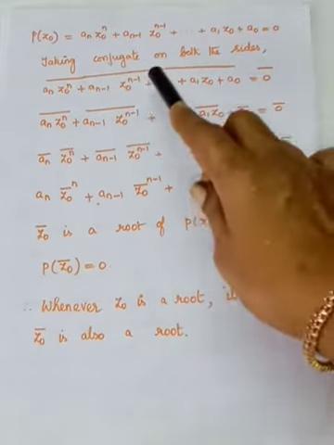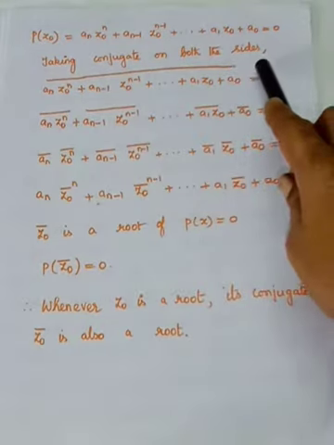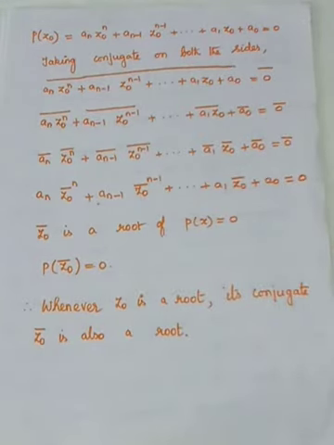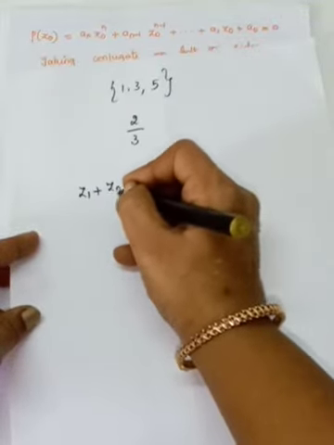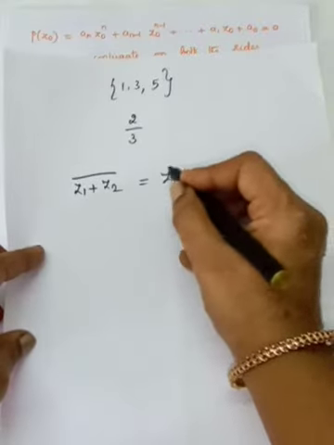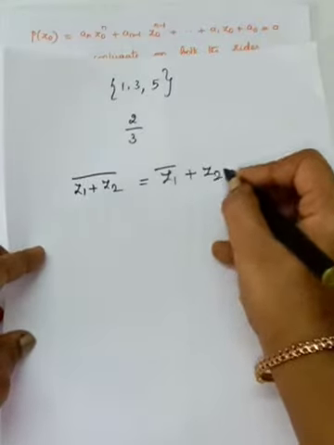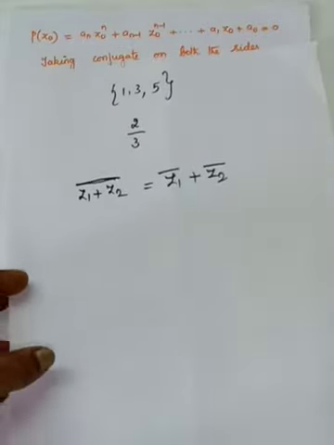Now you are going to take the conjugate on both sides. In complex numbers, you know that z1 plus z2 the whole bar can be written as z1 bar plus z2 bar.